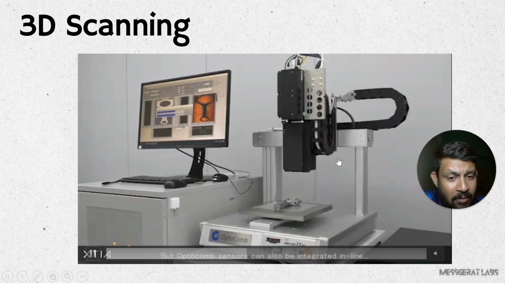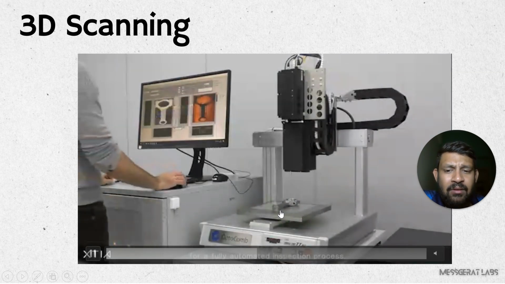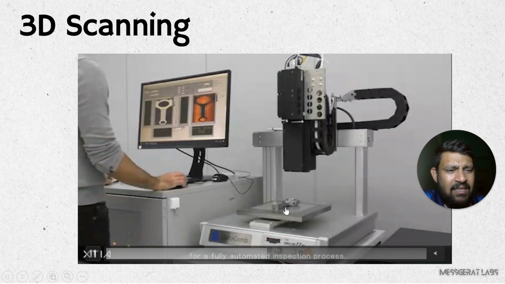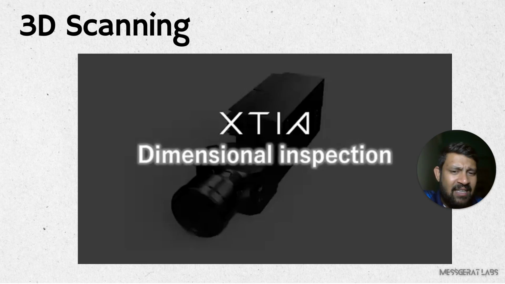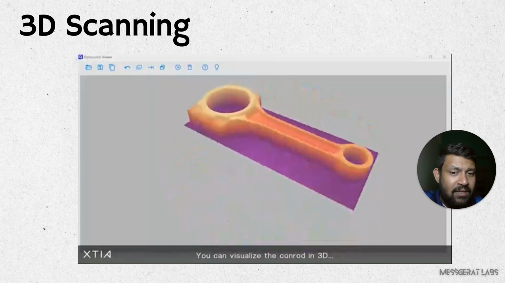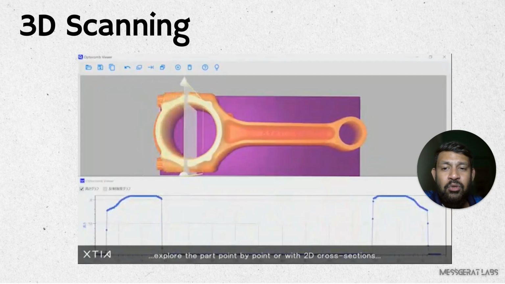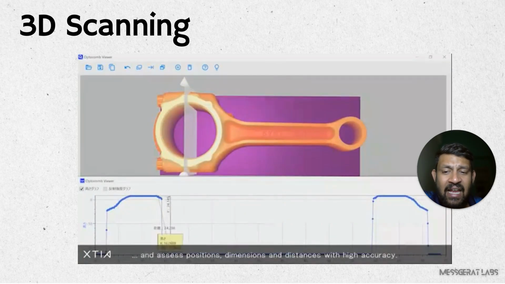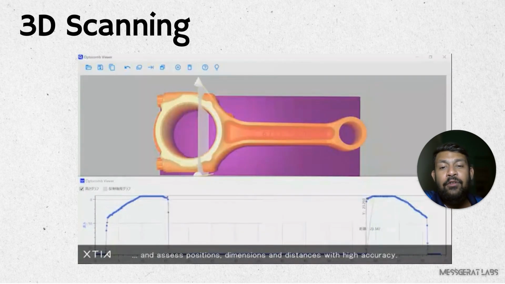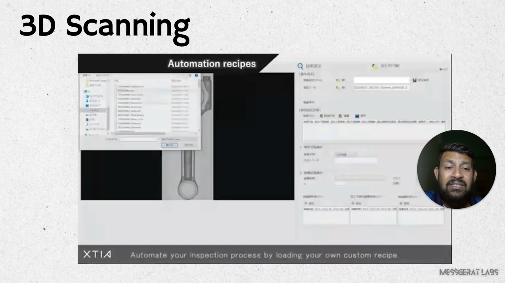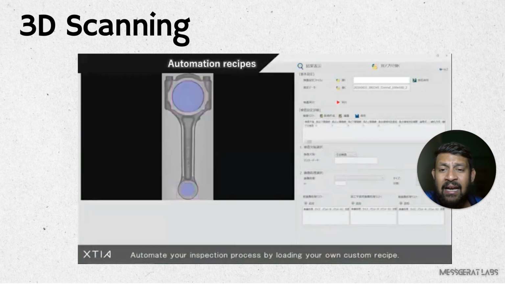In a very short amount of time, the data got scanned, within seconds, within minutes. Once you have the 3D scan data, the software allows you to measure each and every dimension, not only those visible from outside. In fact, you can take cross sections and measure.